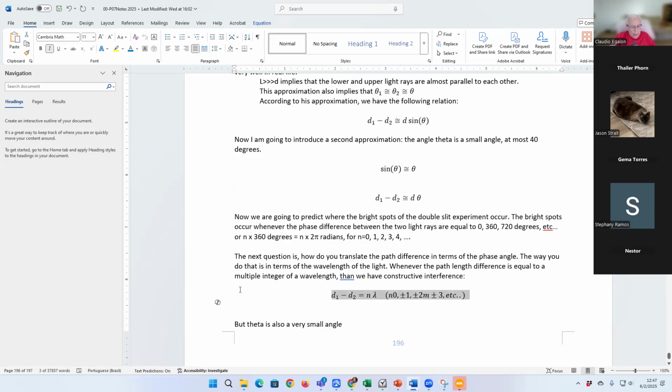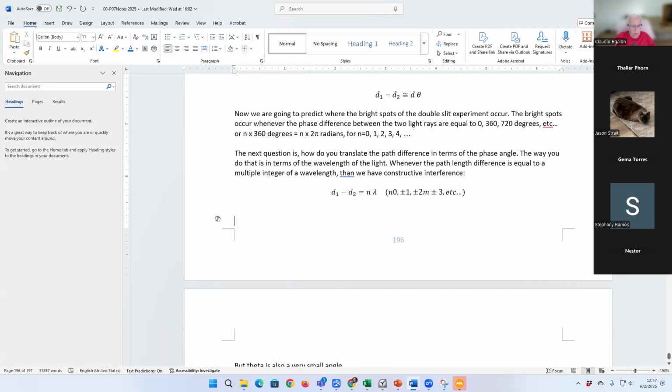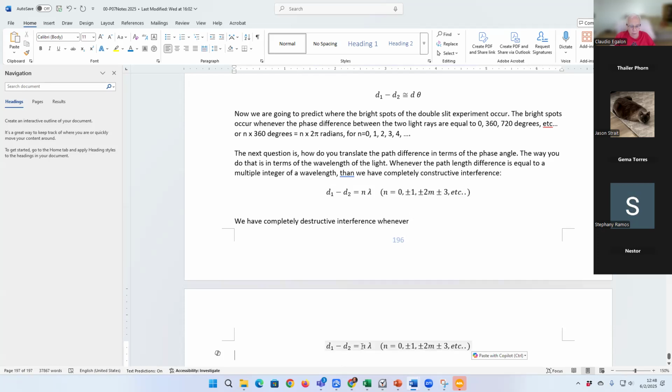So we have destructive interference. We have completely constructive interference, let's put it this way, make it very clear. 3 minutes for the class to end. Let's see if I can do it. We have completely destructive interference whenever the path length difference is equal to a half of a wavelength.